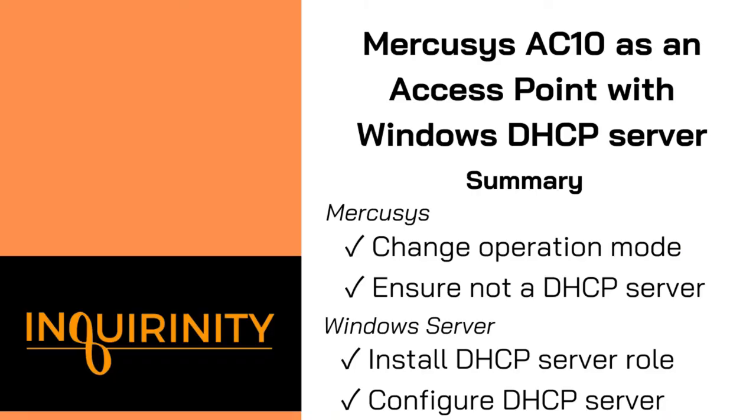So in this video, configure Mercusys AC10 as an access point with Windows DHCP server. We are able to fulfill the required configuration tasks. For our Mercusys AC10, we are able to change the operation mode into access point mode, change the IP address into static, and disable DHCP server, and personalize 2.4 and 5 GHz wireless settings.